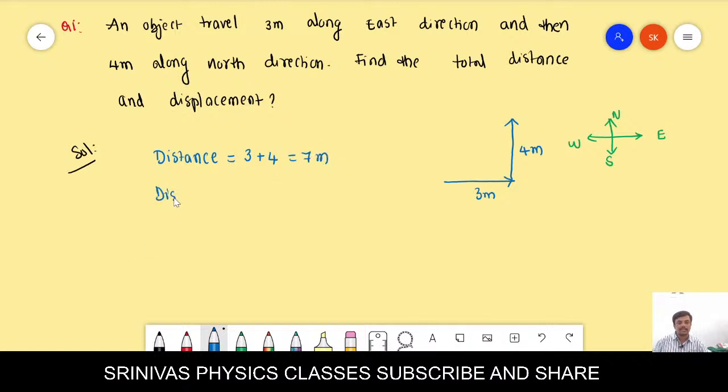What is the displacement? How to find out the displacement? This is the initial point where the body starts its journey. Where the body ends its journey, that is the final point. Join both of them with a straight line.